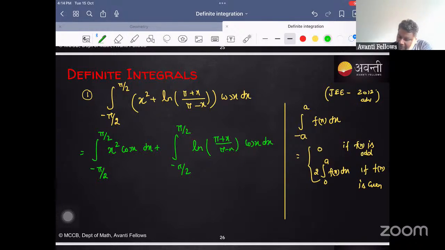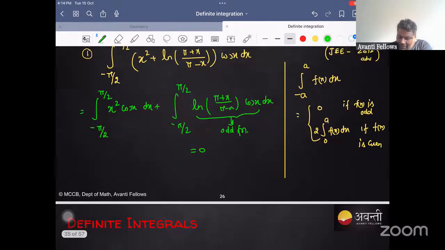Now, if you realize, this is an odd function, so this goes 0. Now we are left with this, which is an even function. So do it like twice integration 0 to pi by 2 x square cos x dx.